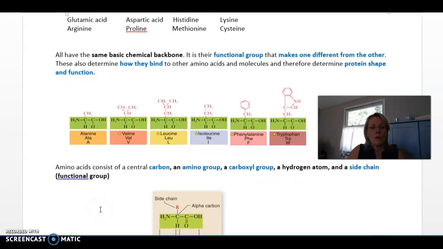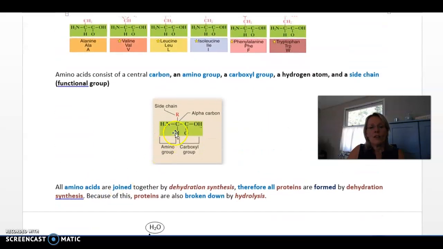Amino acids consist of a central carbon, an amine group, which has the nitrogen, the N in it, and another group called the carboxyl group, which has the COOH in it. That part remains consistent for all amino acids. They all also have a hydrogen coming off the central carbon and this R group. Remember, the R group is that functional group.